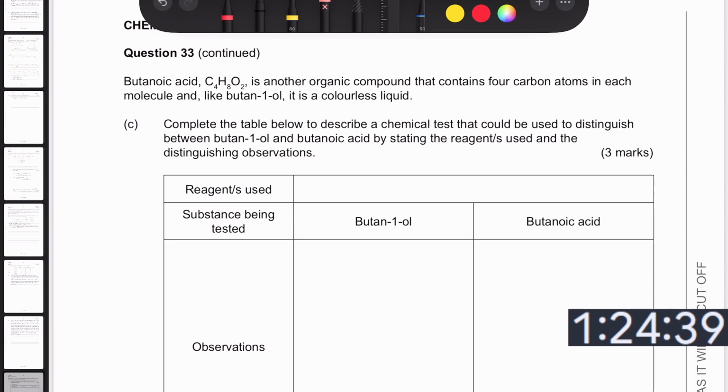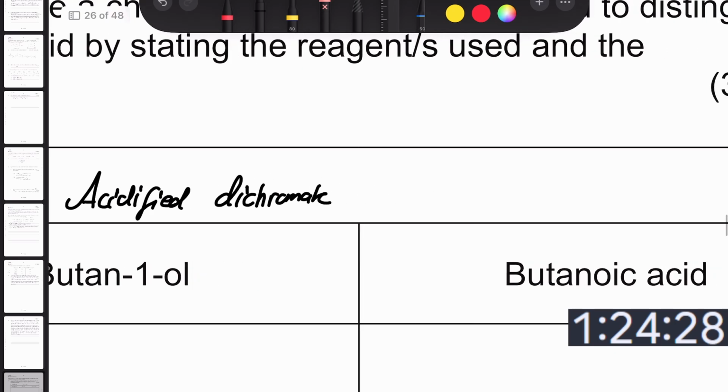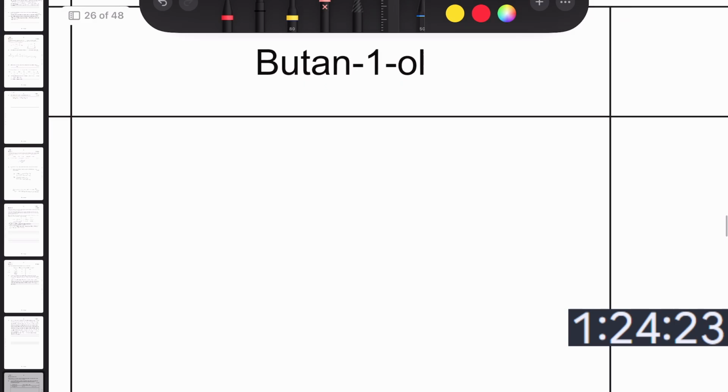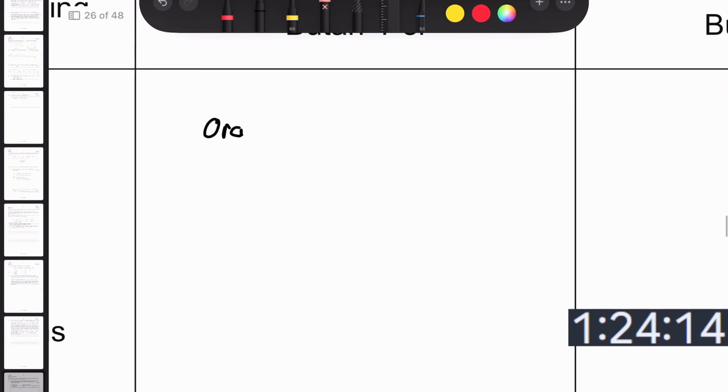Complete the table to distinguish between butan-1-ol and butanoic acid. So we can use acidified dichromate solution. For butan-1-ol, the orange dichromate solution turns green.